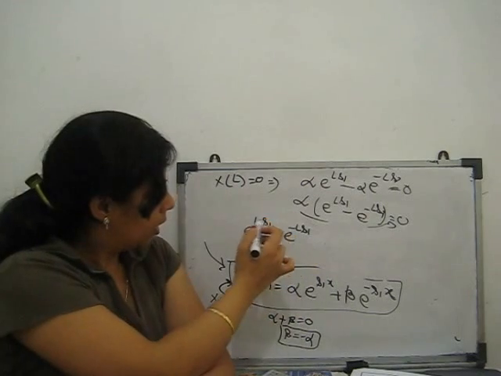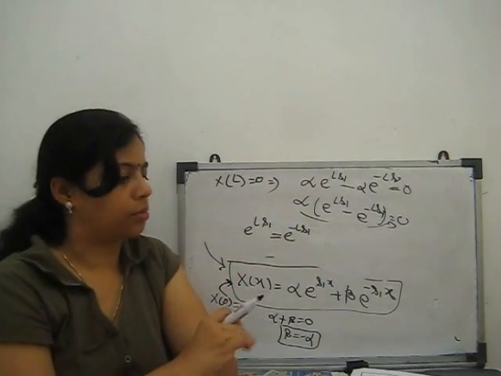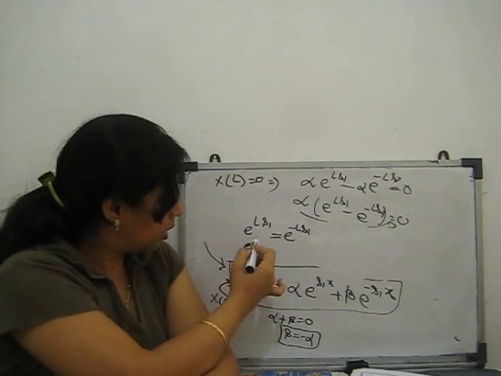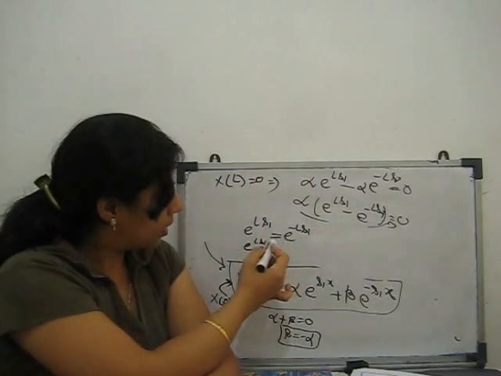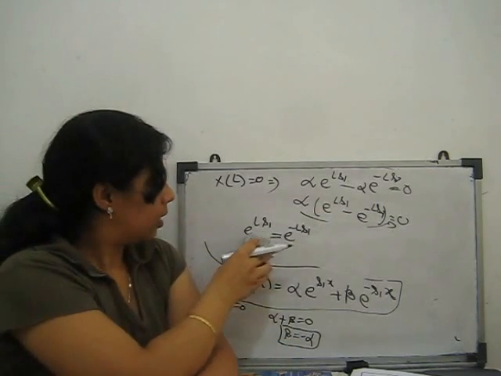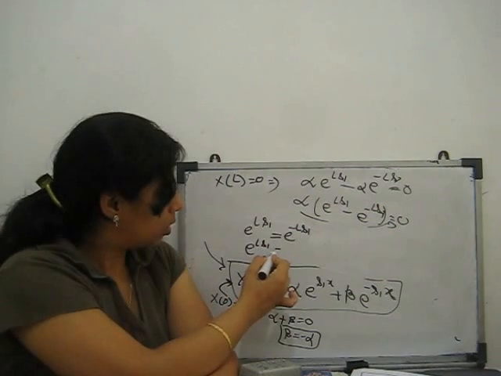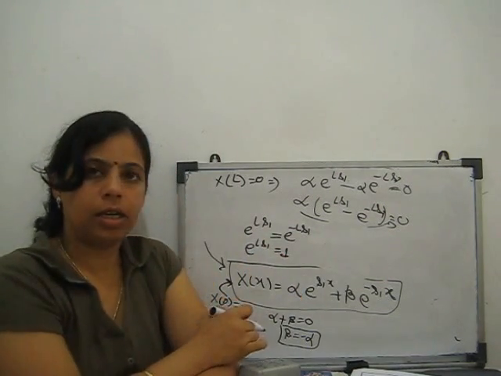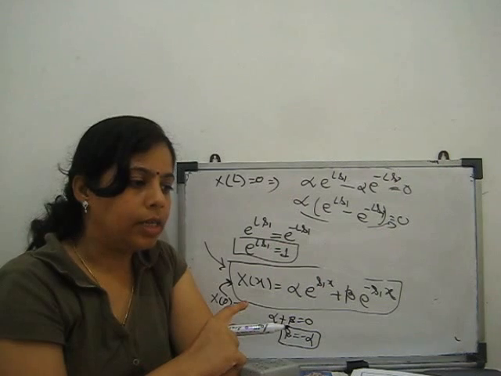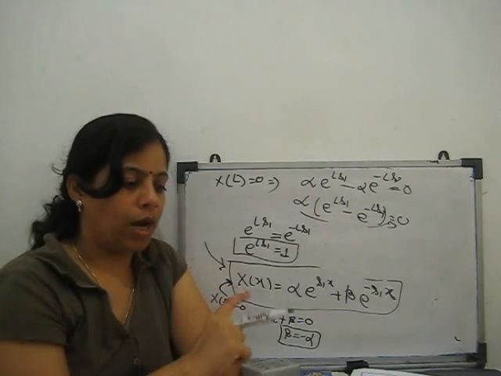It gives e^(LS1) equal to e^(-LS1). Clear? Solving again, e^(LS1) minus e^(-LS1) means, upon solving, it gives e^(2LS1) equal to 1.